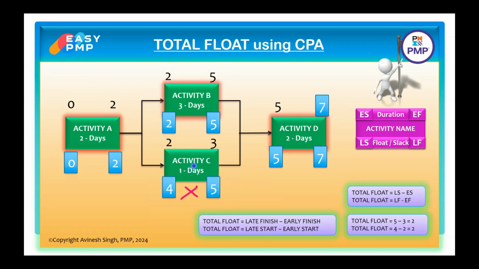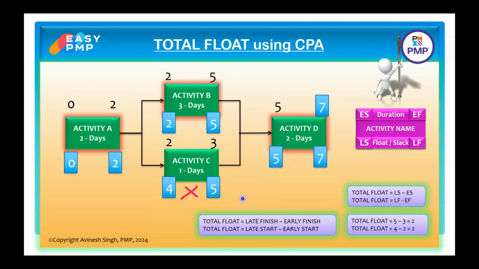This is not in the critical path. If an activity has non-zero float, then it cannot be on the critical path. So activity C is a non-critical activity and it is not in the critical path. What about A, B and D? They are critical activities and they are on the critical path.